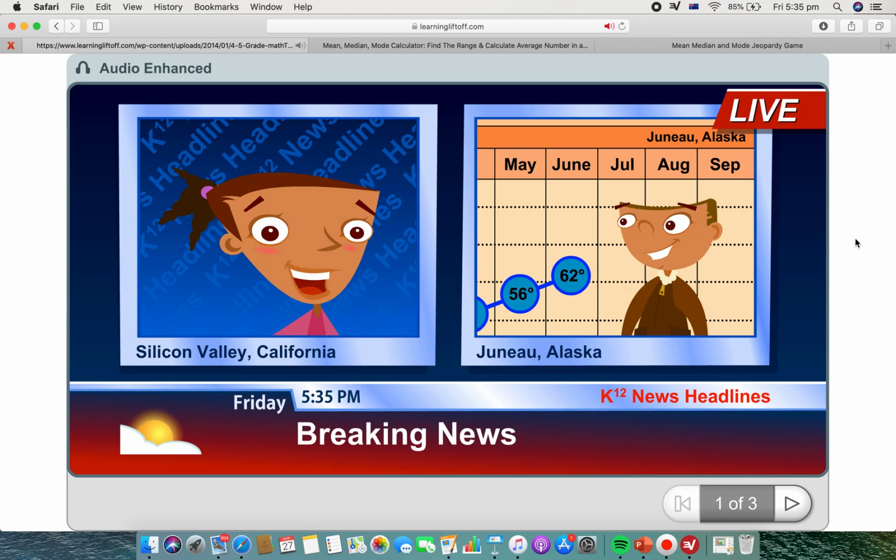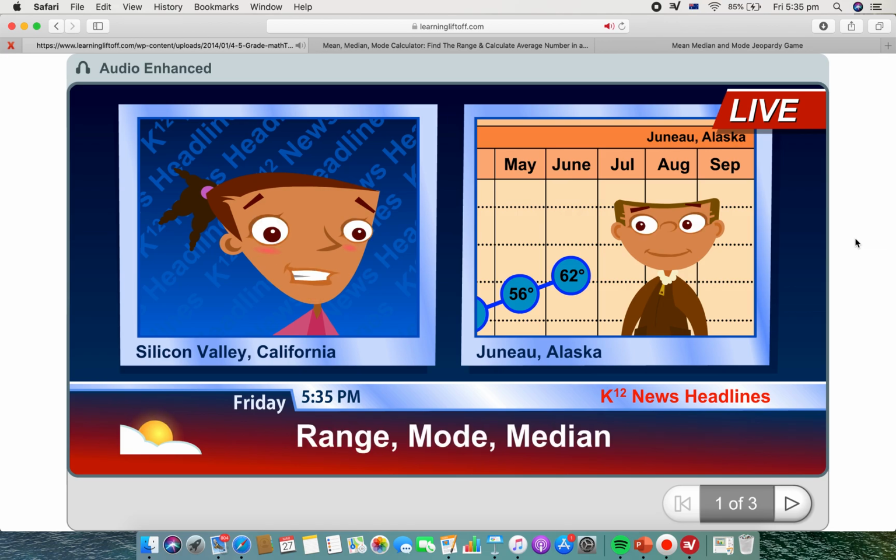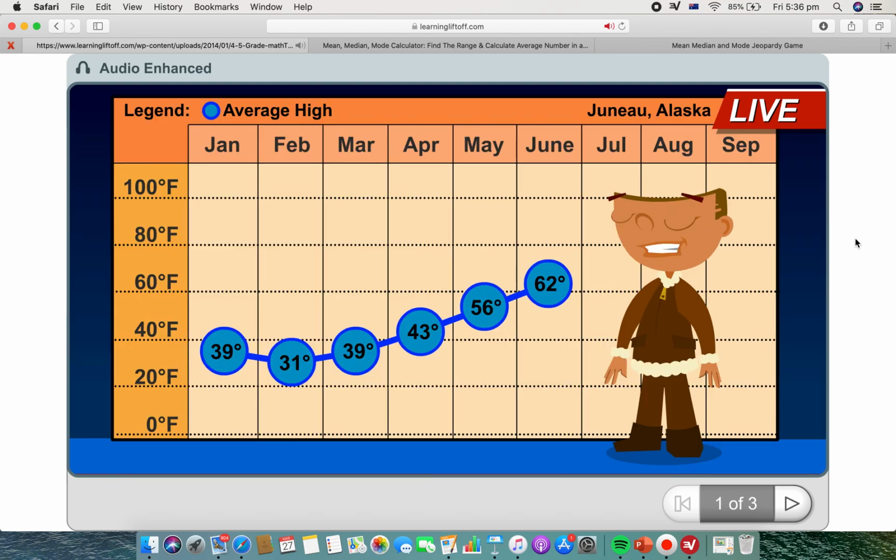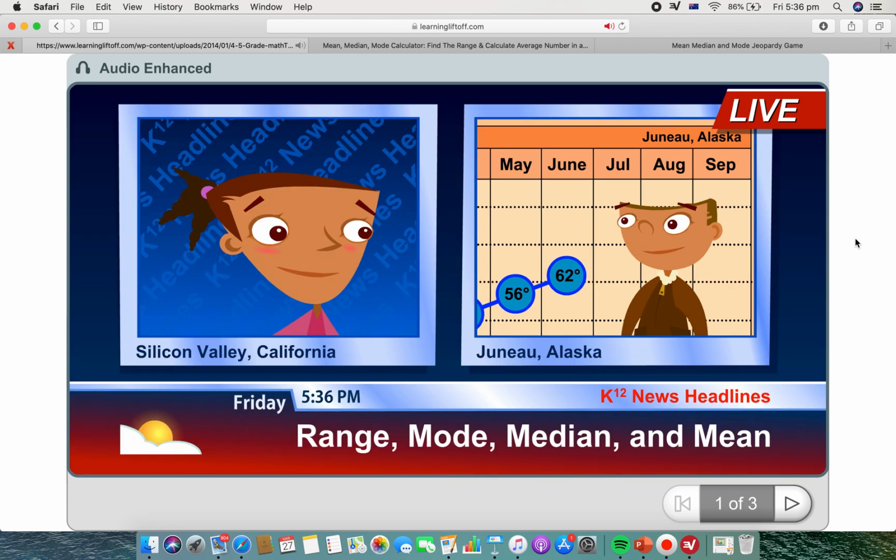Hello, and welcome to K-12 News. Today, we will be exploring range, mode, median, and mean. Now here's Alex with the weather. Alex, I see you have a chart. What does it show? Well, this chart shows the average high temperature each month for 6 straight months in Juneau, Alaska. This set of data can give us lots of different kinds of information. What are some of the different kinds of information?